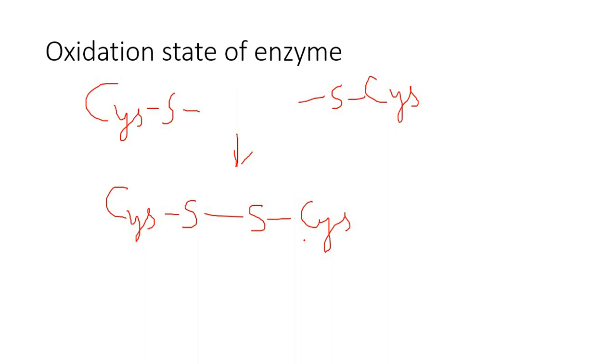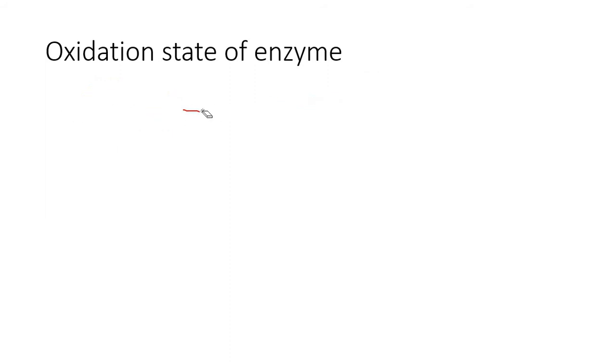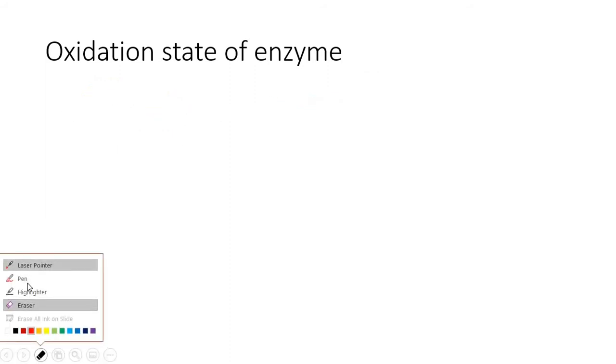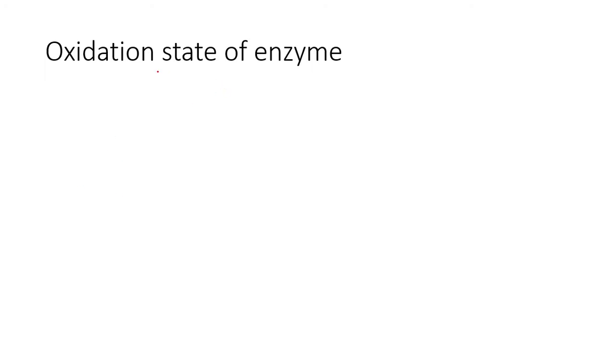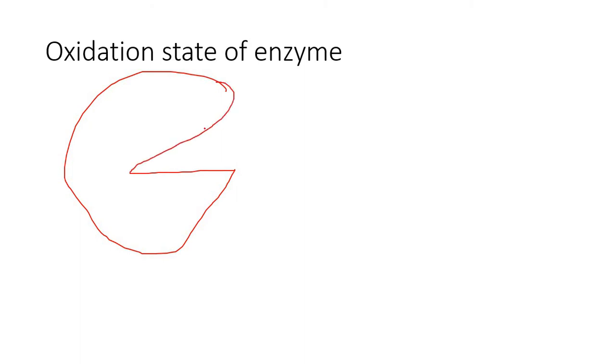And how does this formation of a disulfide bond between two cysteine amino acids alter the structure of the enzyme? Let me erase this, then it will be clear. Okay, now say this is the enzyme molecule and this is the active site. At this part it has a cysteine amino acid, and at this part it has another cysteine amino acid.